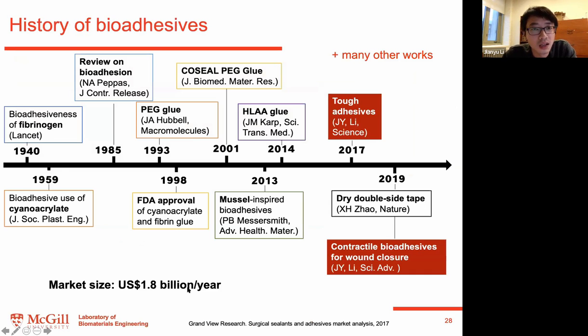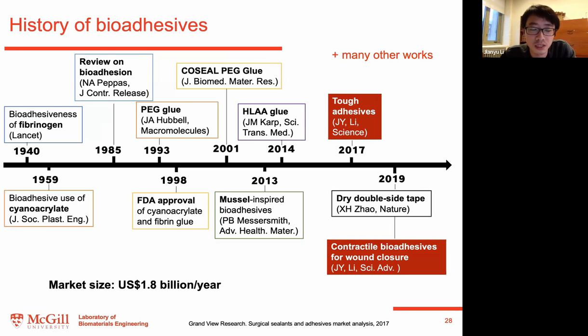So hydrogels have been developed for bioadhesive applications for a long time. And I want to introduce this brief history I prepared of bioadhesive technology, starting from fibrin glue-based hydrogels to some recent work we have been working on, and also some other very famous work like the mussel-inspired adhesives people have worked on in the past decades.